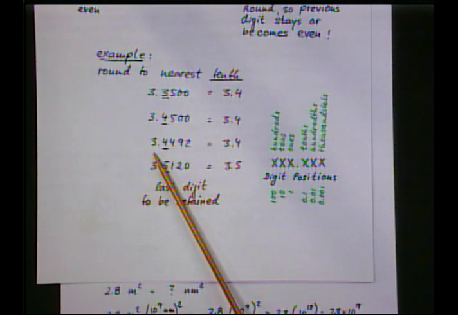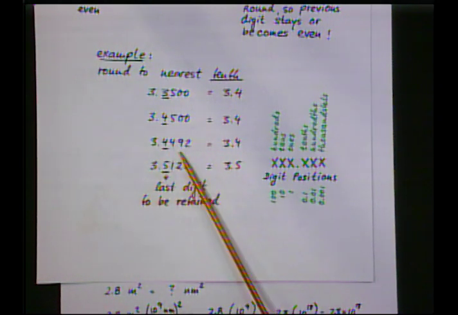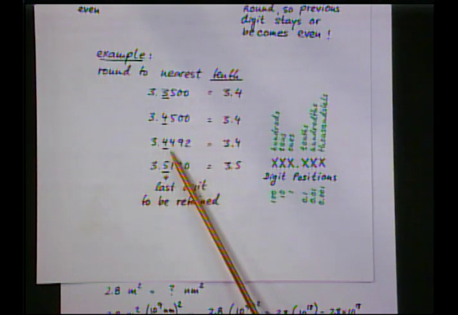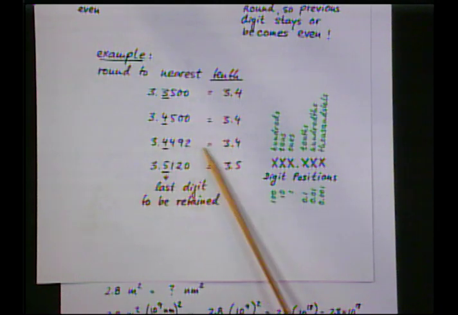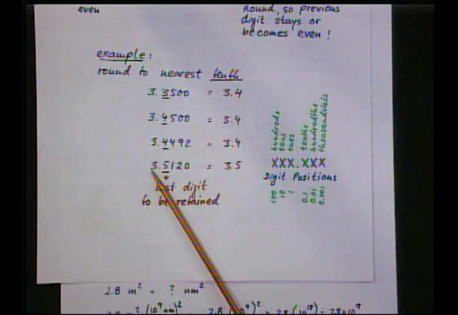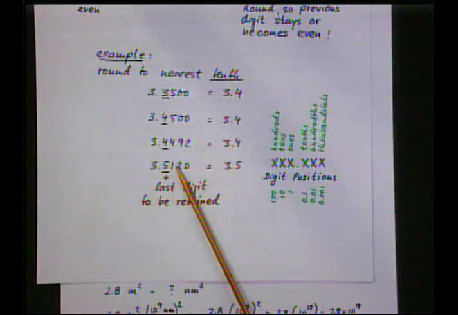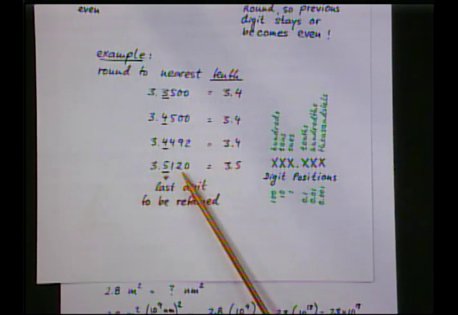What about this number, 3.4492? Here, of course, everything behind the 4 is less than 5, so it will be dropped. Here, we don't have a naked 5 because it's followed by a digit like 1, not 0. So it has to be rounded. No, excuse me, then we leave the 5, 3.5, so everything else will be dropped.